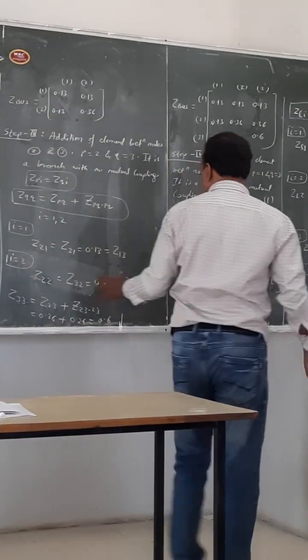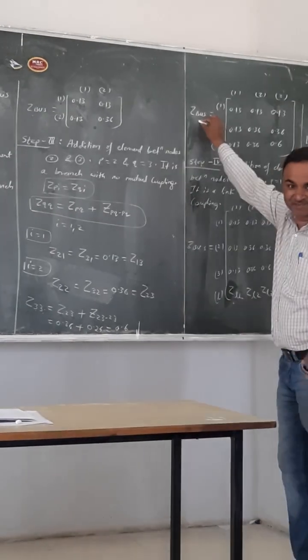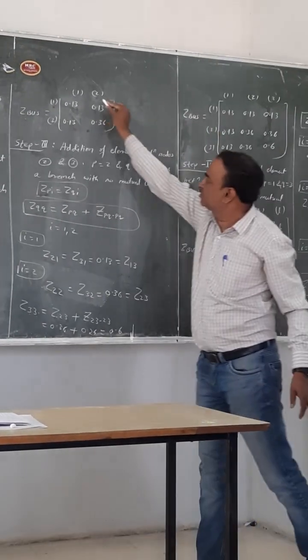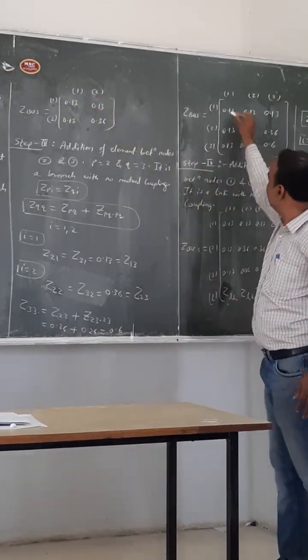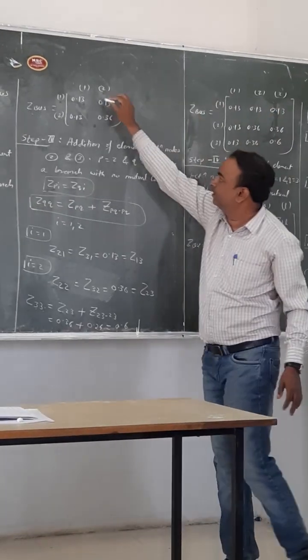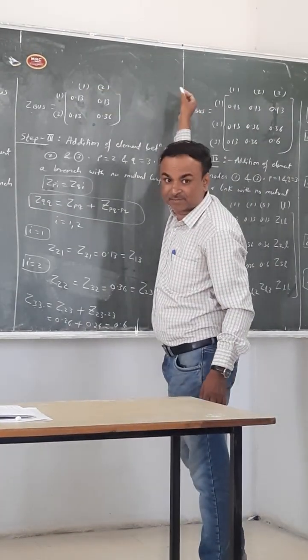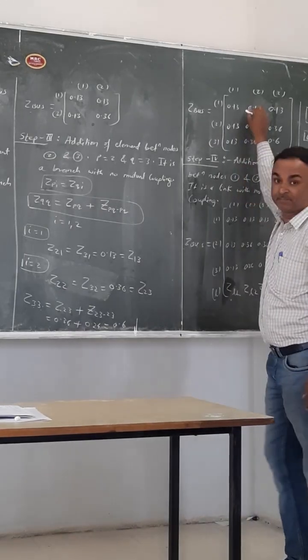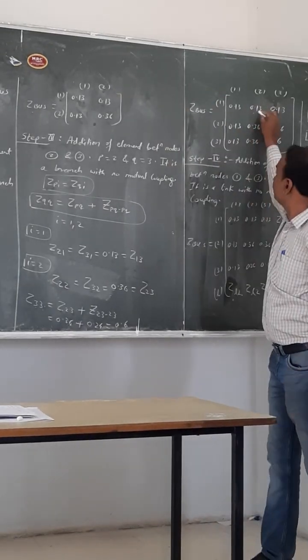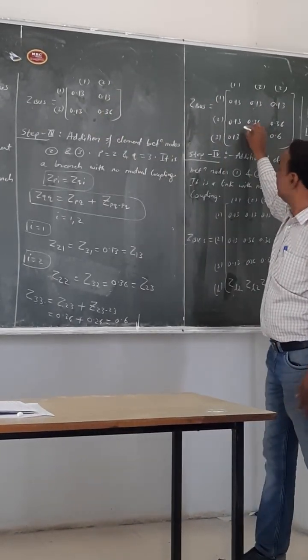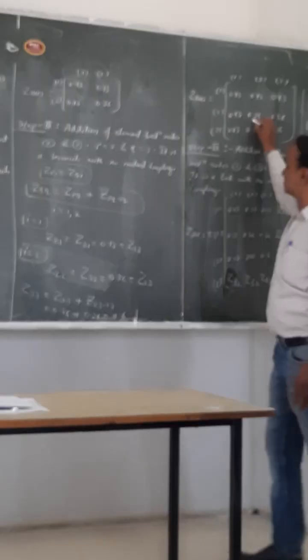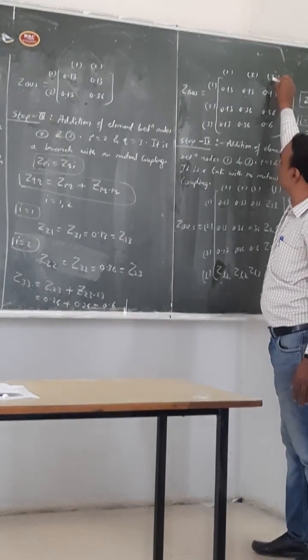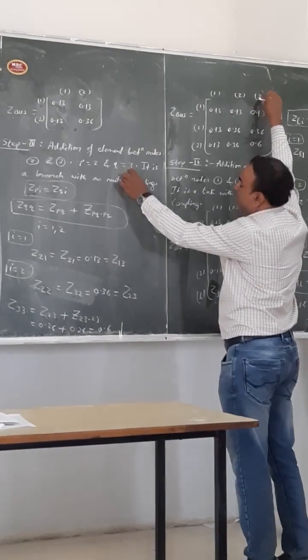Now we will form the new Z bus. The original value should not be destroyed. This value will remain the same. So write them as it is. So 0.13, 0.13, 0.36. Now add the new node 3.